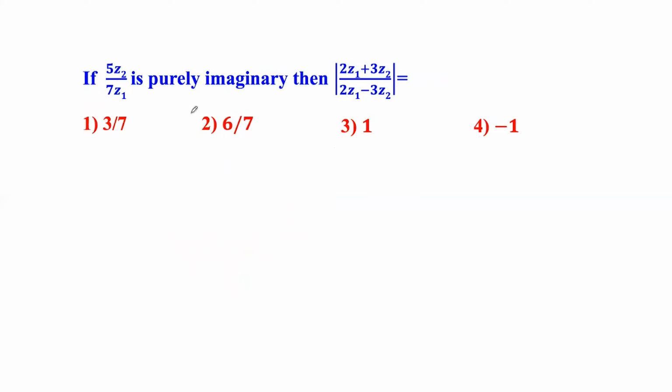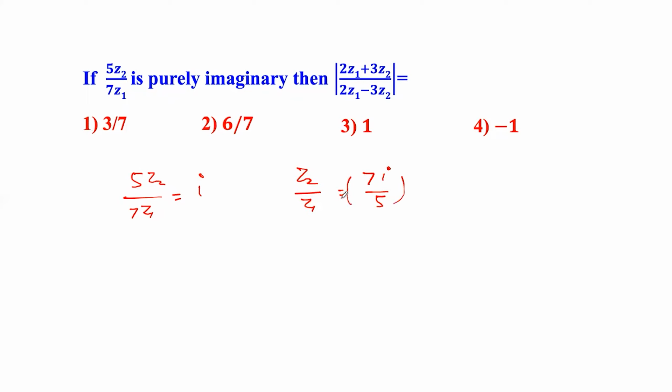This is purely imaginary. So what is given? In the given formation of the question, this is purely imaginary, so 5 Z2 by 7 Z1 is equal to i. And we have to multiply with 2 and 3, right? So what we required is Z2 by Z1 equal to 7i by 5.